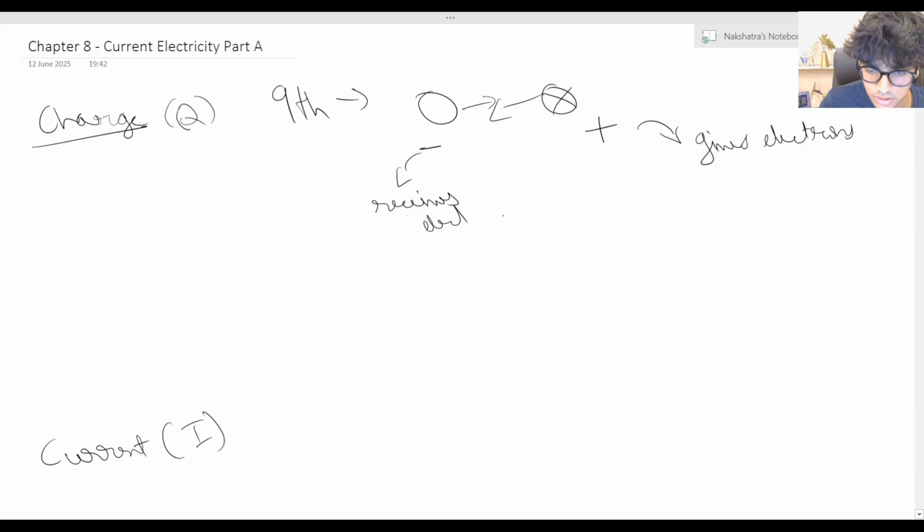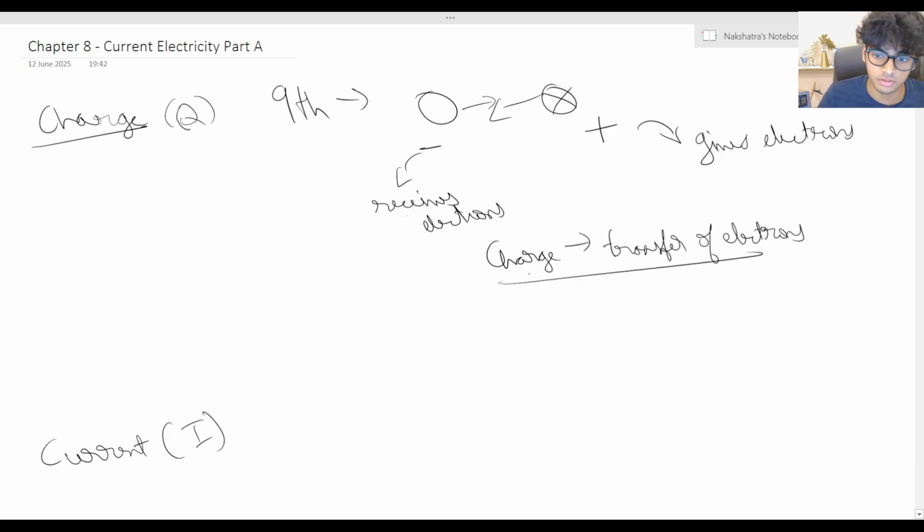So what we can conclude is that charge itself is a result of transfer of electrons. Charge is solely dependent on the transfer of electrons, but this is only in the case where you rub two non-conducting bodies together.